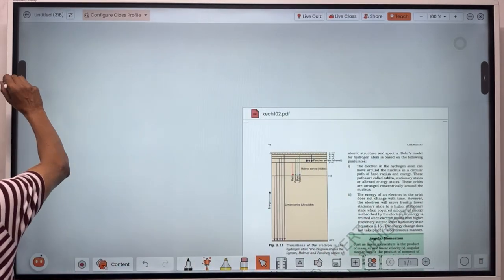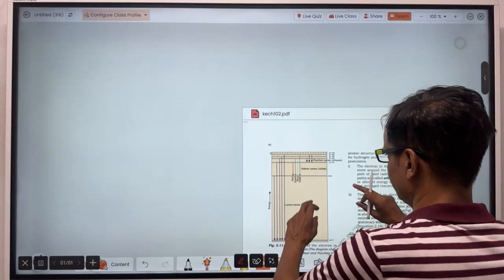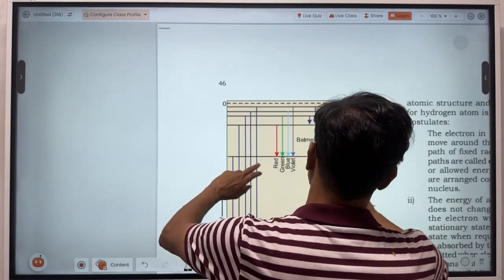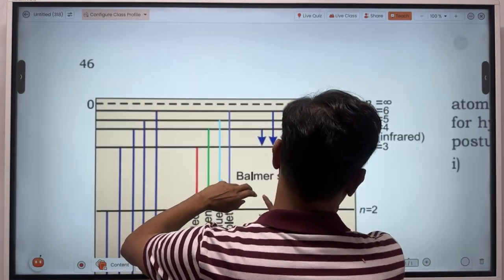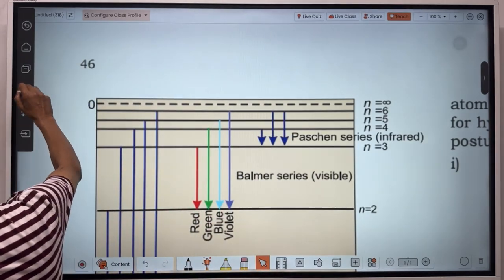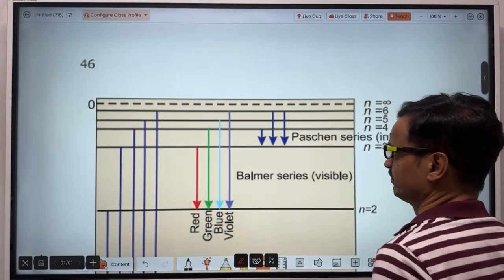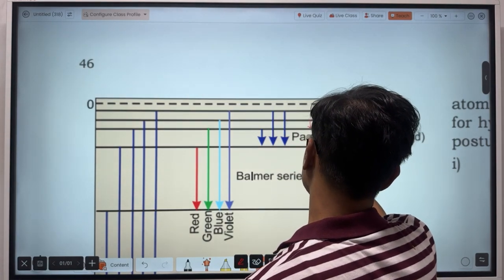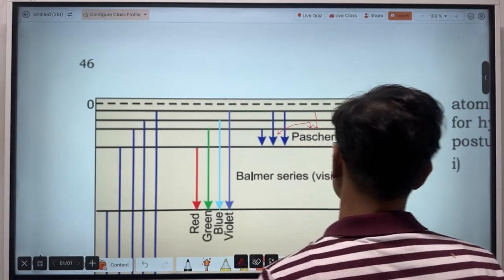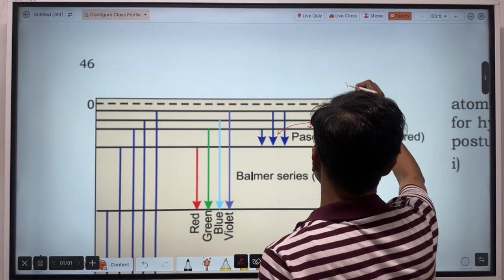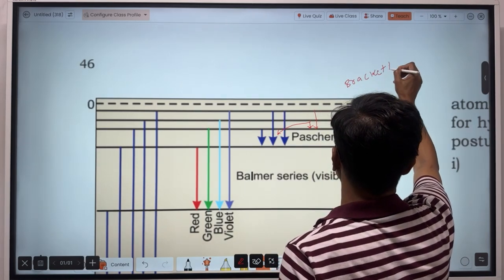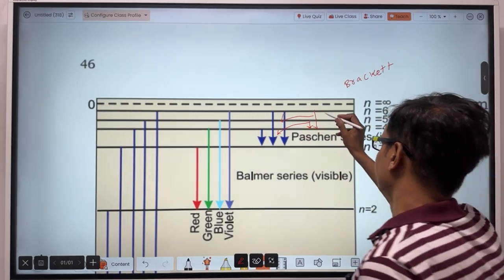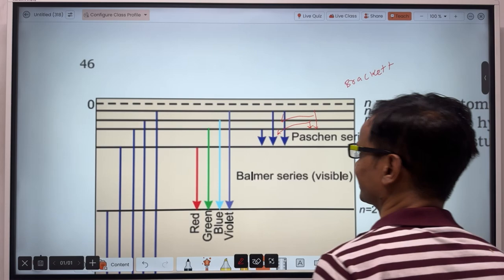Now when an electron falls to n equal to 4, from n equal to 5 to n equal to 4, again n equal to 6 to n equal to 4, so it will be called the first line of Brackett series, then the second line of Brackett series, then the third line, and so on.